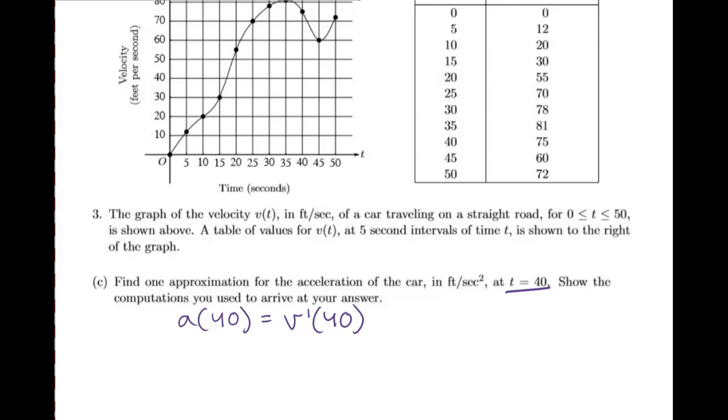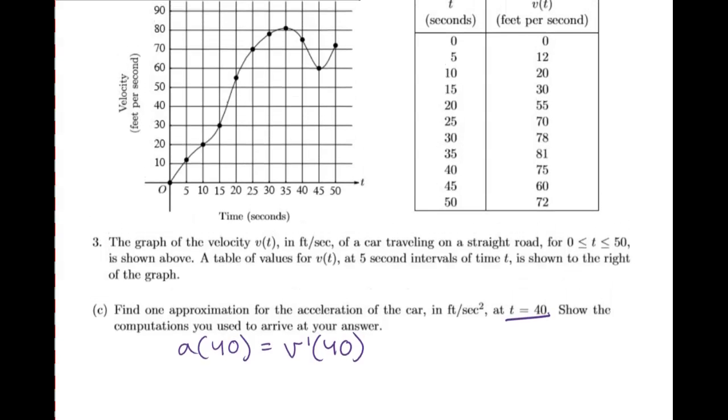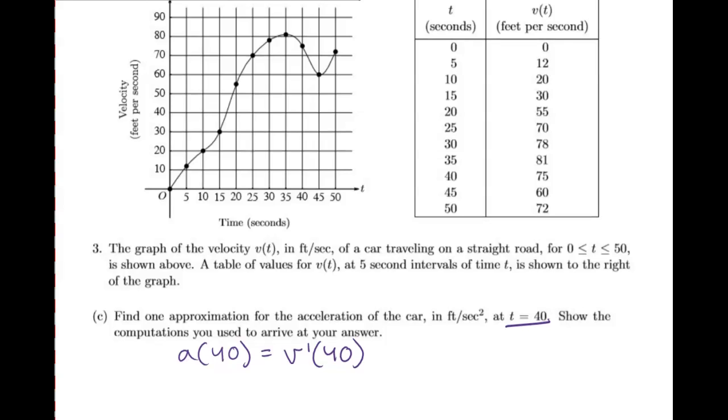Looking at our graph and our table, we can't find the exact derivative, but we can approximate it with an average rate of change between those 2 points. So essentially a linear approximation.